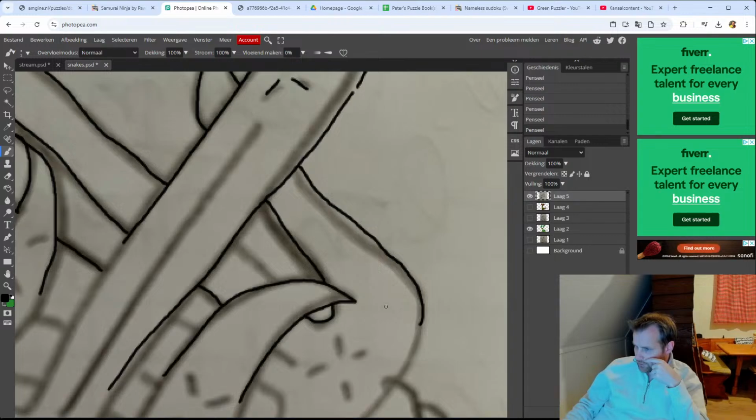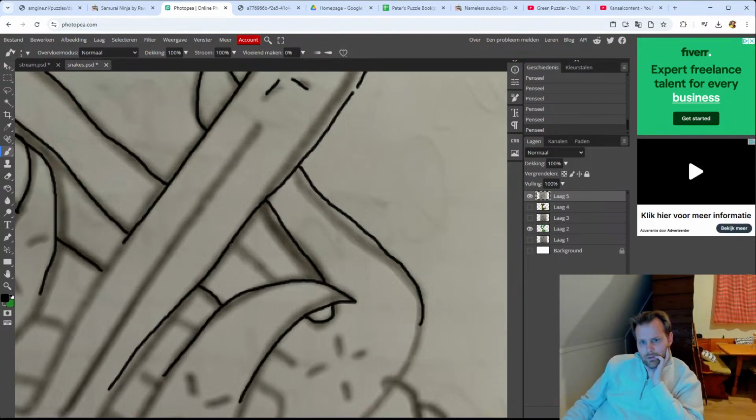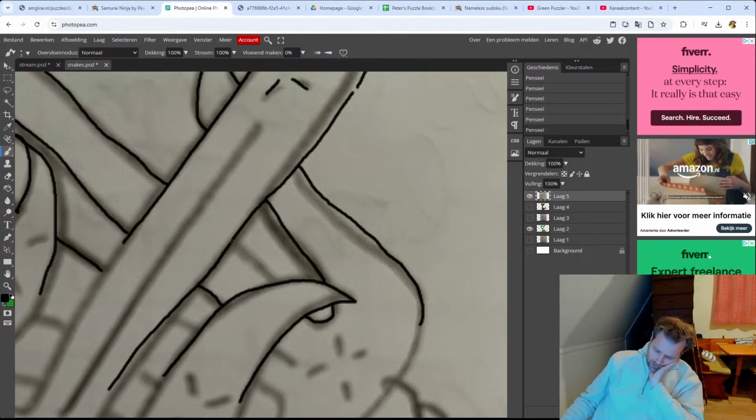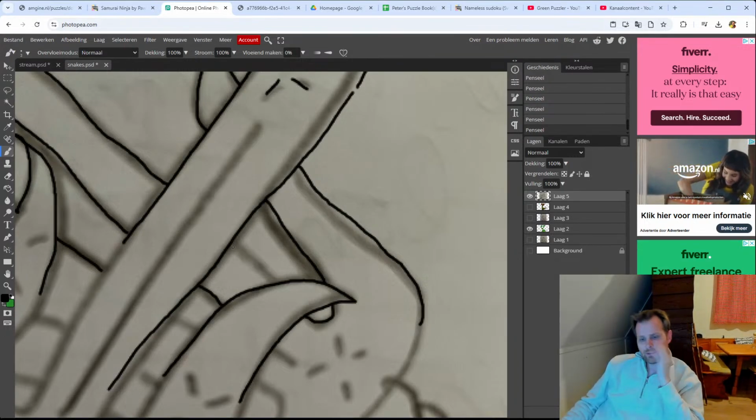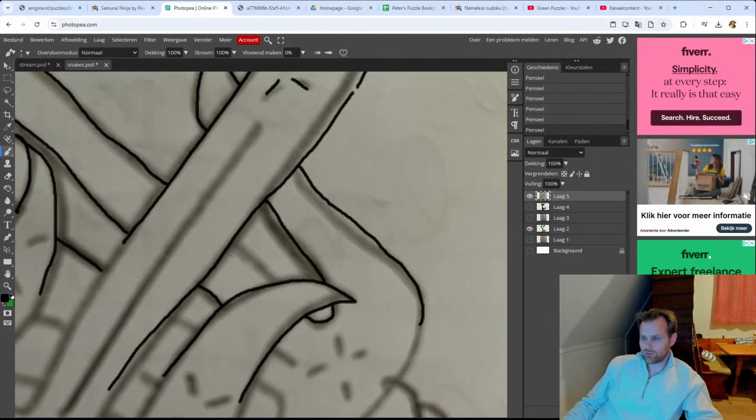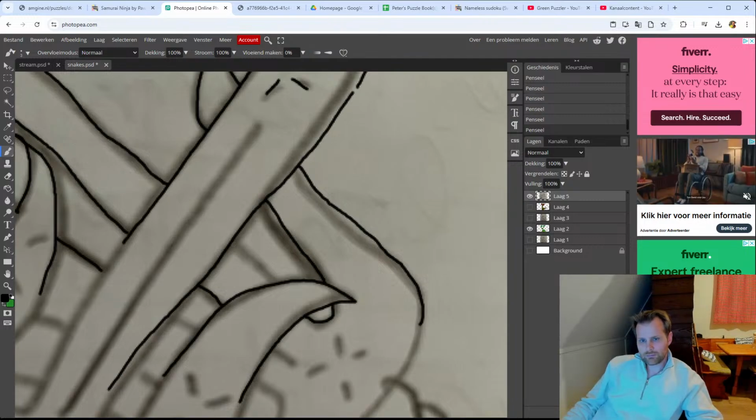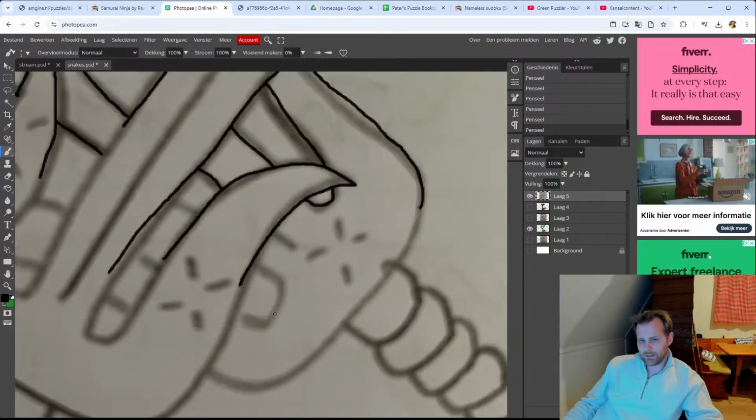Question regarding the XV puzzles for the book. Is negative constraint allowed? I'd rather not. I mean, I don't have negative constraint because then you have to explain even more, if you know what I mean.